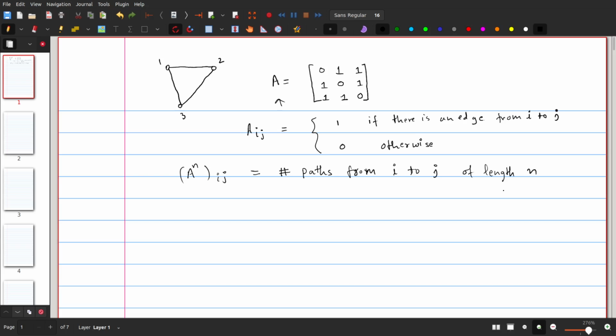So the number of paths of length n from vertex i to j is given by the ijth element of the nth power of the adjacency matrix.